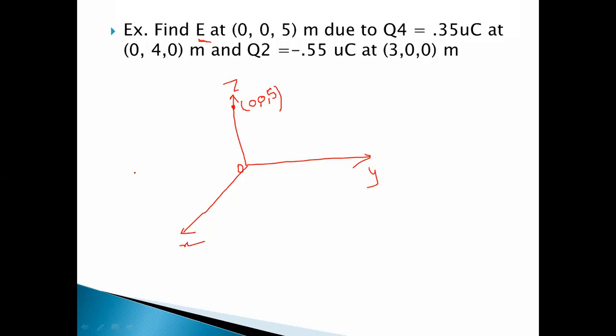Which axis is this charge Q4 located on? Y axis, correct. Because X coordinate is 0, Y coordinate is 4, and Z coordinate is again 0. So this charge Q4 is at Y axis.